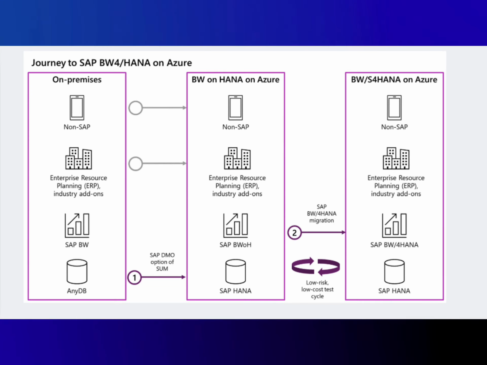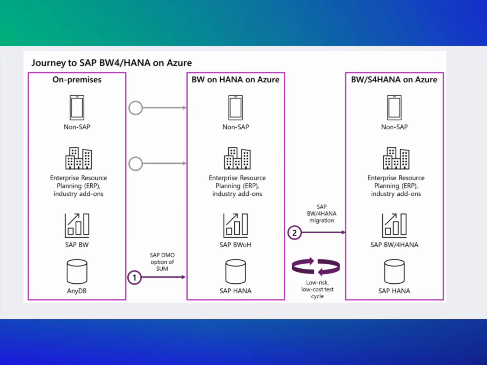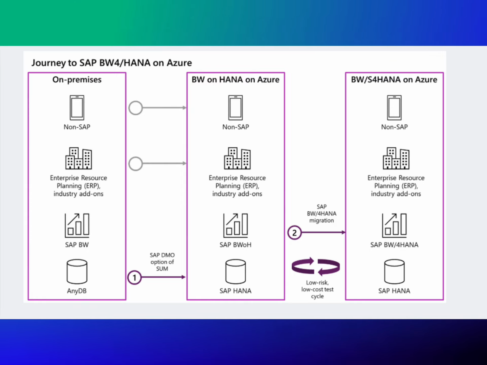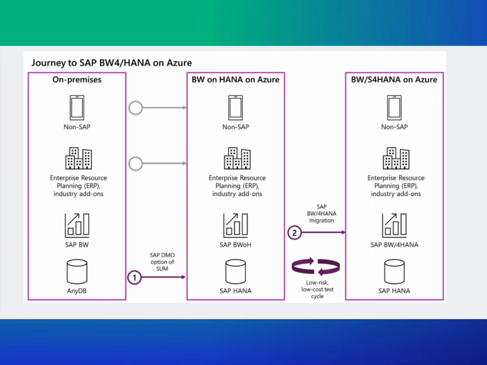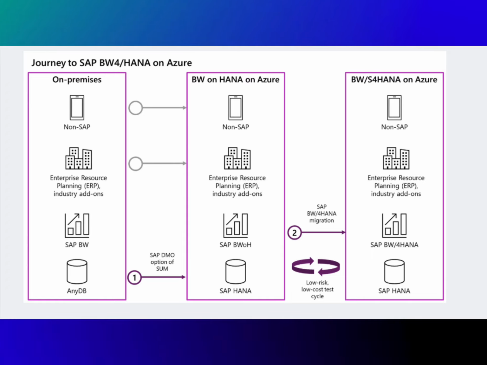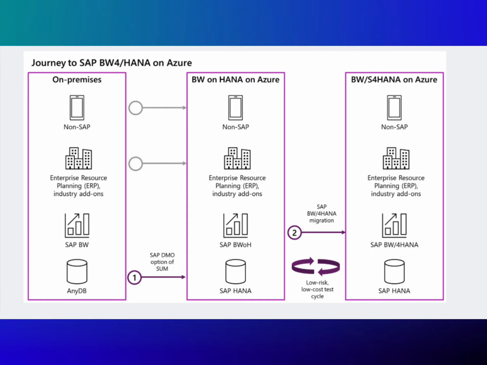He migrates SAP Business Warehouse to Azure first, using SAP HANA as the new database. Why? HANA's in-memory tech makes analytics lightning fast. He uses DMO with System Move, a tool so efficient it migrates the app and databases to Azure, minimizing downtime. Harish leverages Azure's tailored data center integration model, TDI.